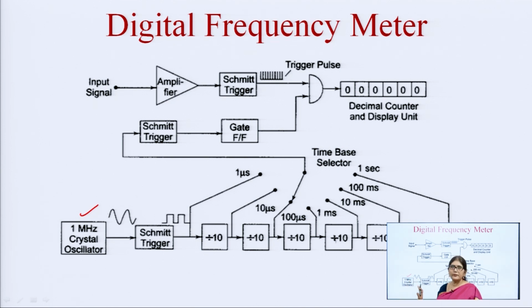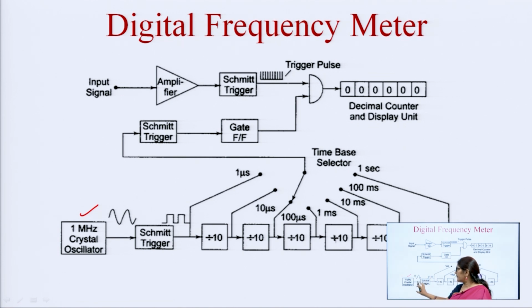Here we can see the crystal oscillator generates a sinusoidal waveform. That sinusoidal waveform we have to convert into a square waveform. So, if amplification is needed, this oscillator frequency is amplified and fed to the Schmitt trigger. The purpose of the Schmitt trigger is to convert it into a square waveform.